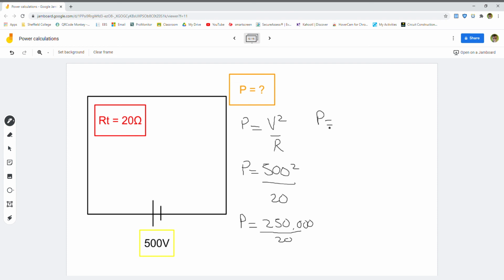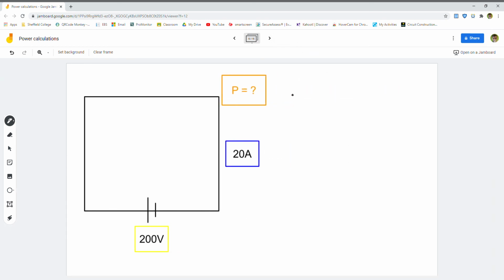P equals 12,500 watts, or as we normally do in electrical terms, 12.5 kilowatts, because 1000 watts is 1 kilowatt. Okay then. So that was using this equation, P equals V squared over R.